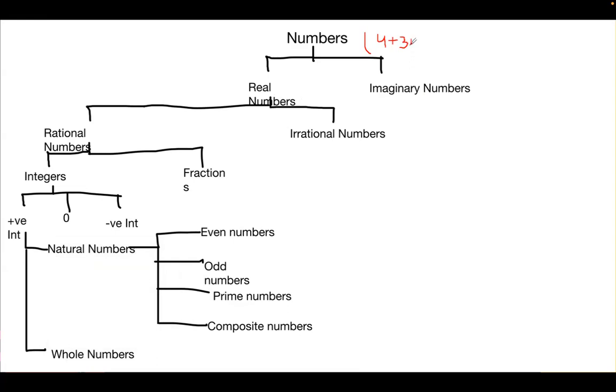Basically the numbers are divided into two categories: one is real number and the other is imaginary number. First, you need to know what is called a real number and what is known as an imaginary number. Just see here, I have given the example 4 plus 3i. You can take 7 plus 4i, anything you can take, but here I have taken 4 plus 3i.